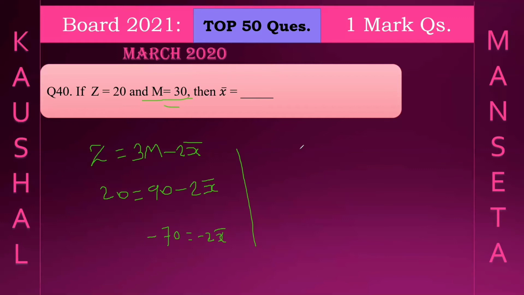So we get the value of x bar is 35. X bar equal to 35 is the answer. So answer is 35. Got it? Okay.